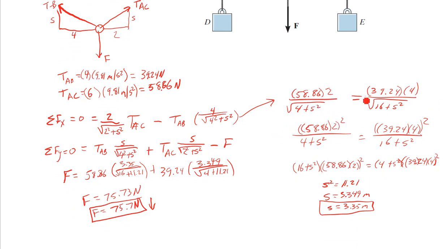So since these are equal to each other, I can square both sides. They're still equal to each other. I end up with some large terms here, and when we do the math on our calculator, we get S squared is 11.21, S is 3.35. Plugging that back into F, we get 75.7 newtons.